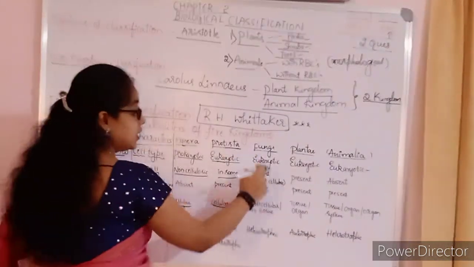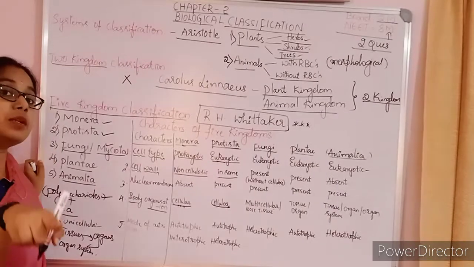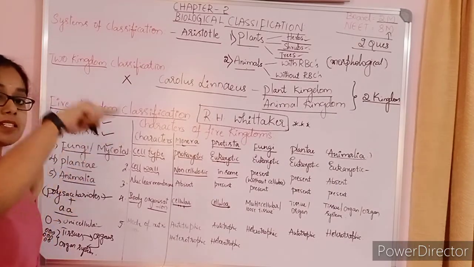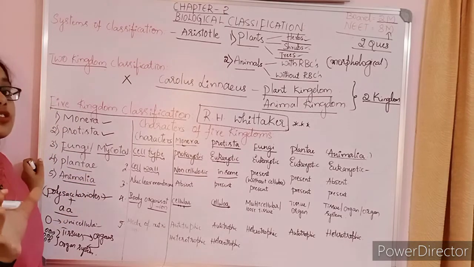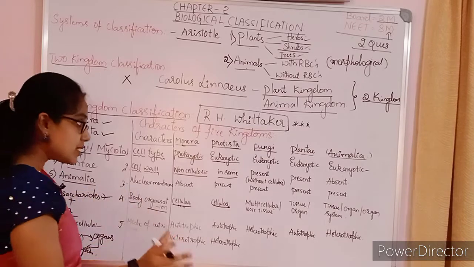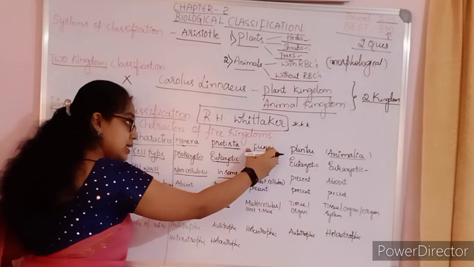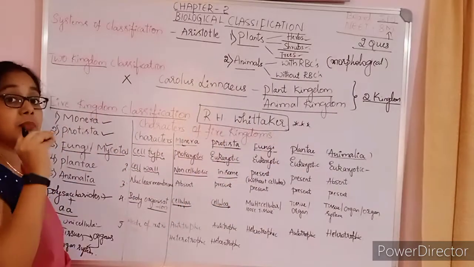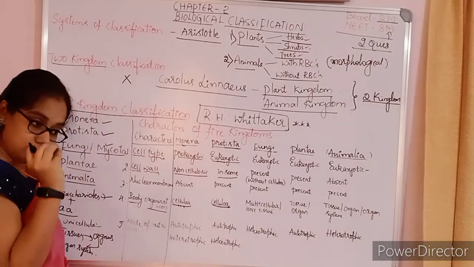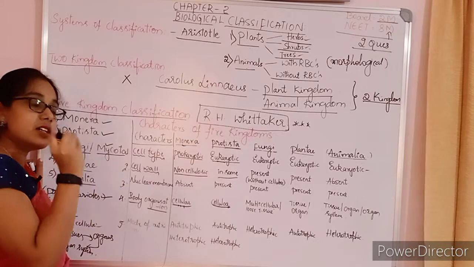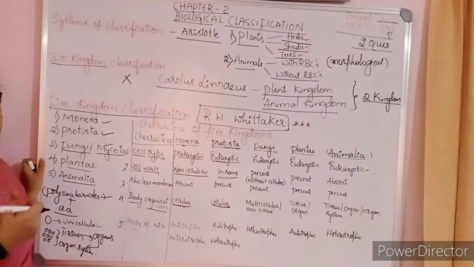Coming to Fungi, it includes multicellular organisms. Multicellular means groups of cells aggregate together to form tissues. Fungi are the first multicellular organisms, and since they are very primitive, they are the first to show multicellular body organization.